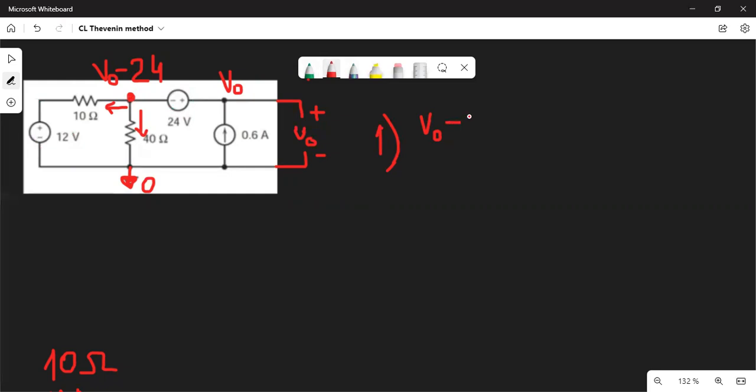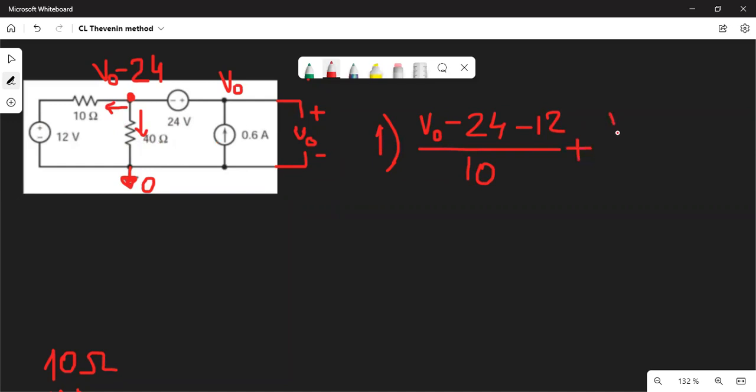V0 minus 24, which is the electric potential of this point, then minus 12 volt, divided by 10. And what about this guy? It's just connected to the reference, which means its electric potential is 0.